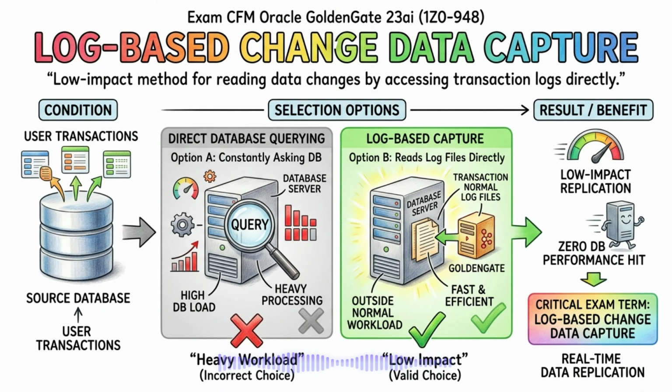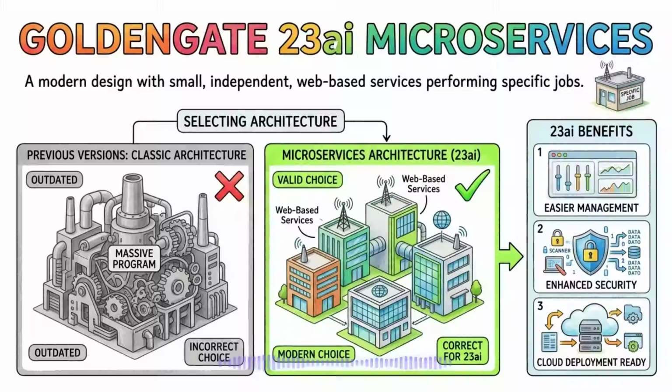In previous versions, GoldenGate used a classic architecture with traditional background processes. But version 23ai fully embraces a microservices architecture. A microservice is simply a small, independent software application that performs one specific job very well, instead of having one massive program that does everything.